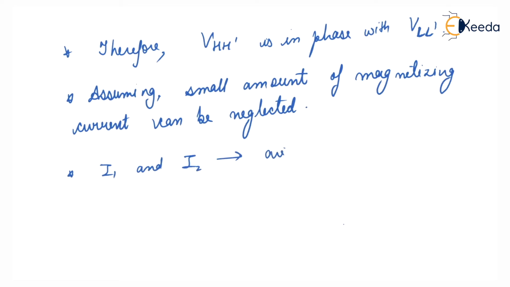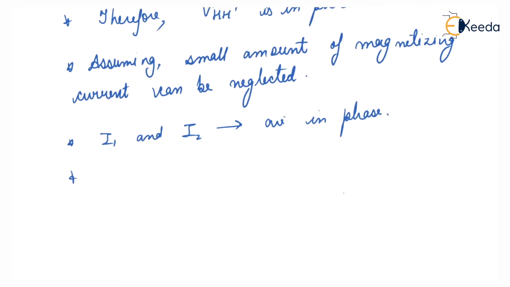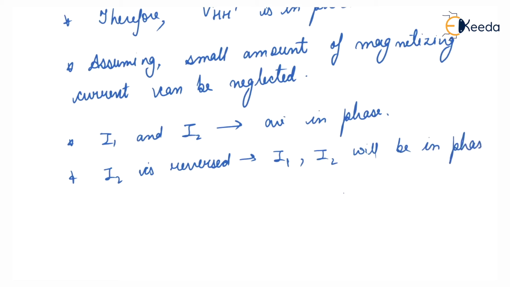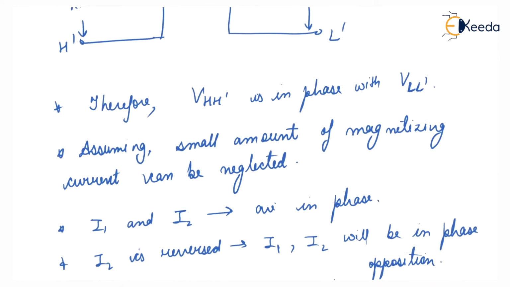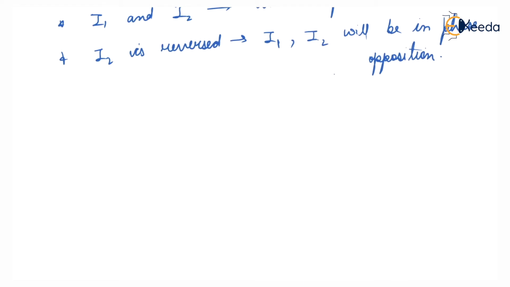And if the direction of I2 is reversed, then I1 and I2 will be in phase opposition.